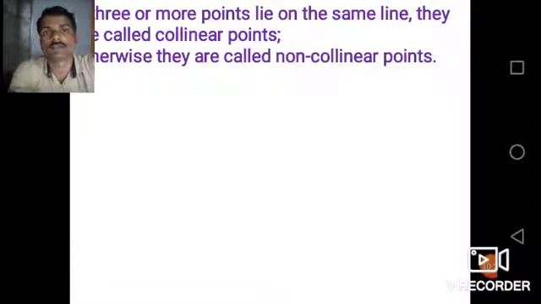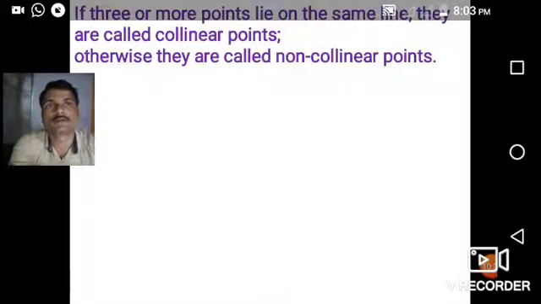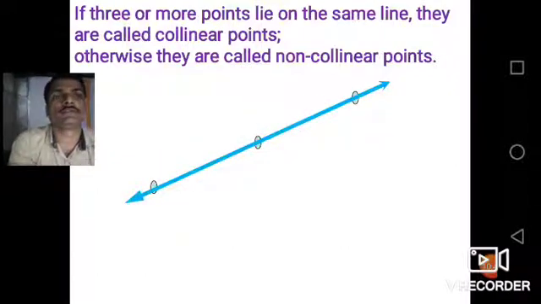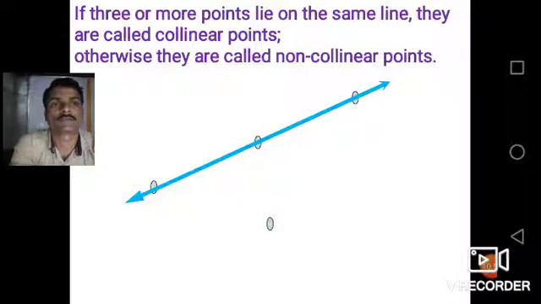Now let's see collinear and non-collinear points. If three or more points lie on the same line like this, then these are collinear points. And if the points do not lie on the same line, then such points are called non-collinear points.